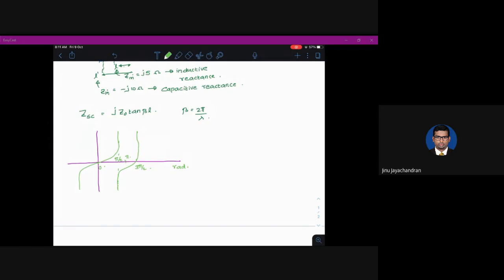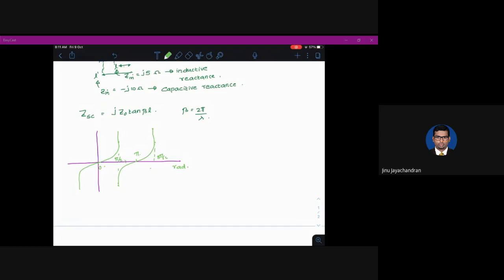Sorry, I think I need to draw it a bit more neatly. So I can draw it something like this. This is 3 pi by 2. This is pi. Wherever there is a zero crossing, it is a multiple of pi.